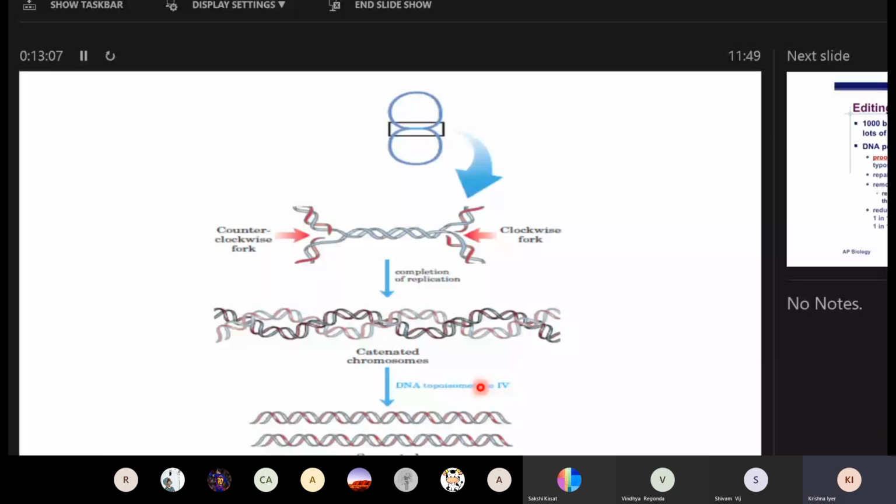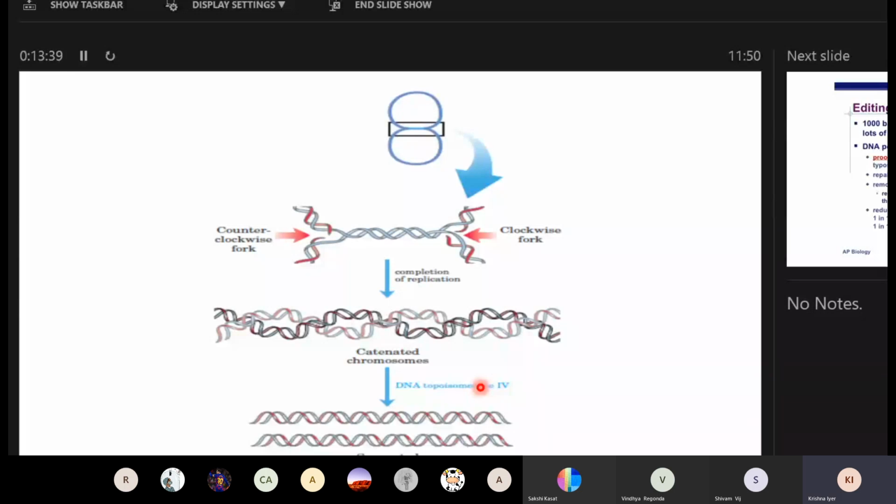But you can also have a situation where you have two molecules of circular double-stranded DNA whose sequences are totally identical, but the only difference between the two of them is the number of times they are wound around each other. Either one is relative to the other more supercoiled in a positive fashion, or one is more negatively supercoiled with reference to the other.